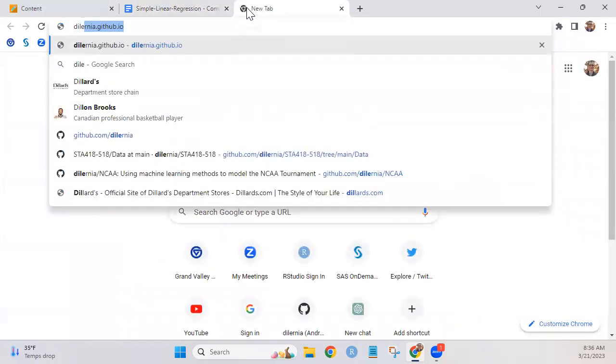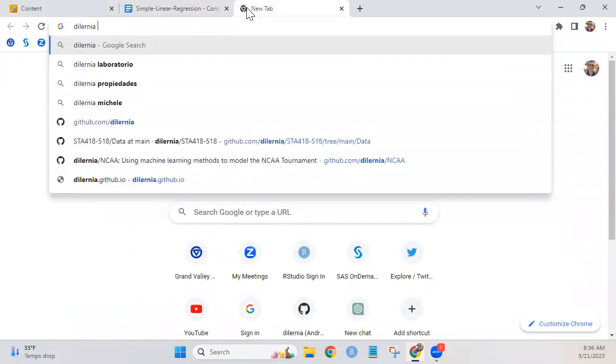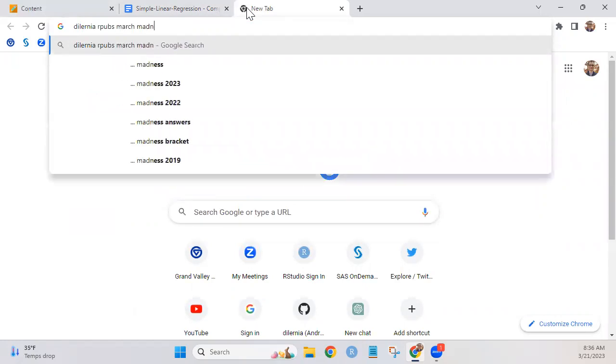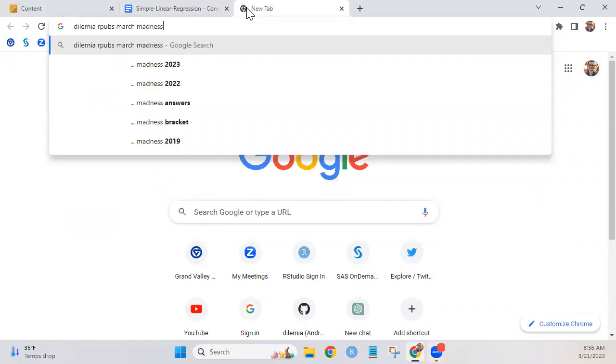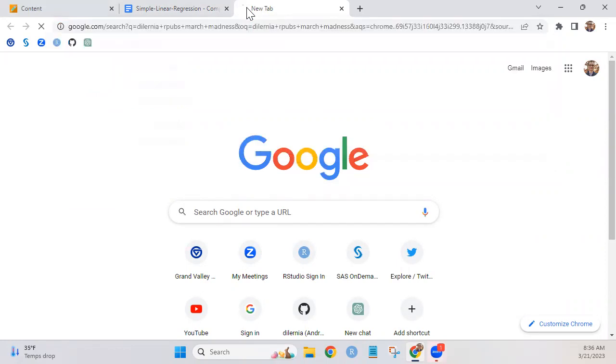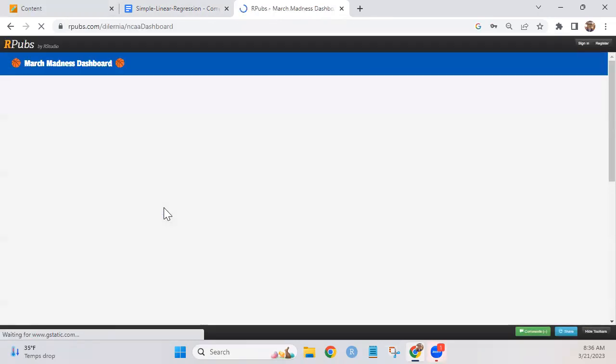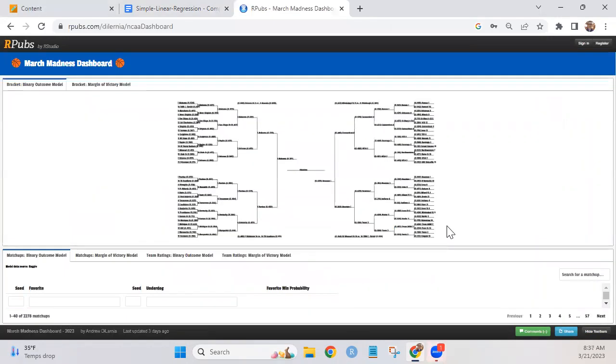Let's see if I can get it pulled up here. Oops. Is anybody following March Madness right now in NCAA basketball? That's always fun, right? So I used linear regression for fun to predict outcomes of games.